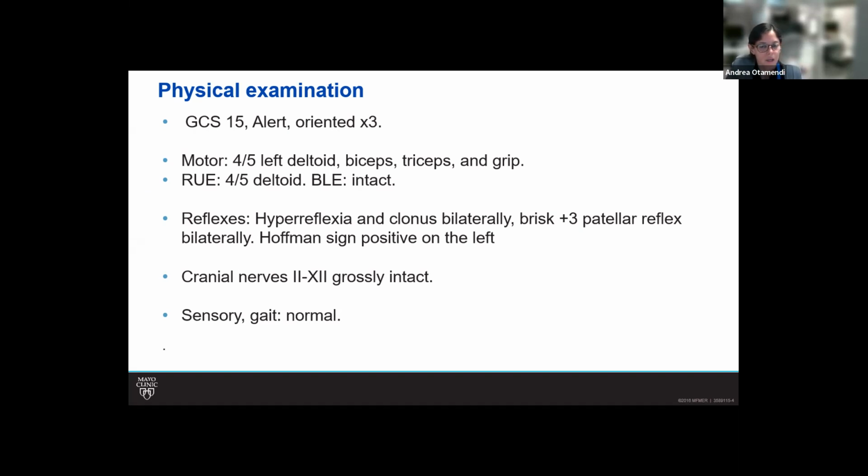In the right upper extremity, only in the deltoid, and the rest was intact. The reflexes were pathologic, clonus bilaterally, brisk, and the cranial nerves were grossly intact, and the sensory and gait were within normal limits.